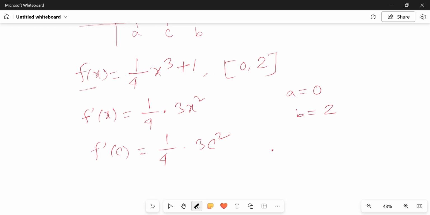If we calculate f of a, which is f of 0, we get 1 by 4 times 0 plus 1, which is 1, and f of 2 is 2 cubed by 4 plus 1, which is 8 divided by 4, 2, plus 1, which is 3.